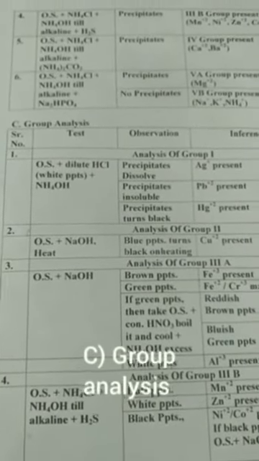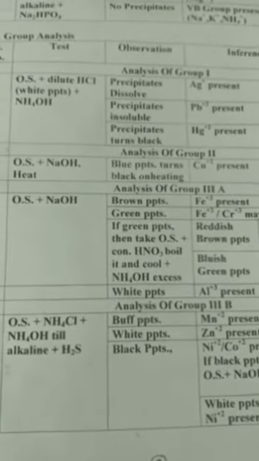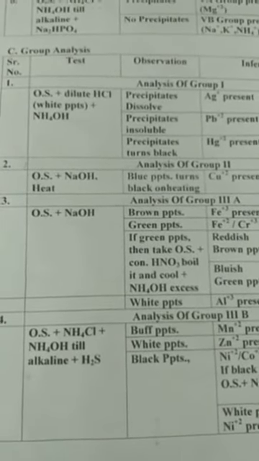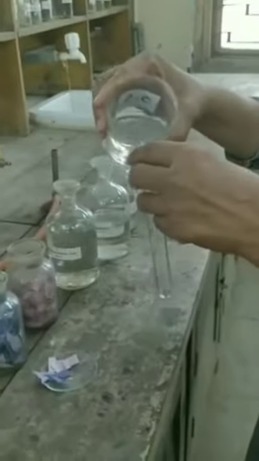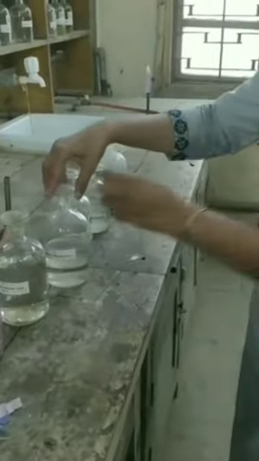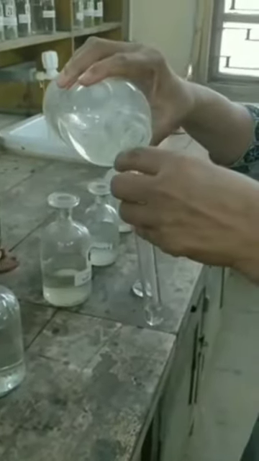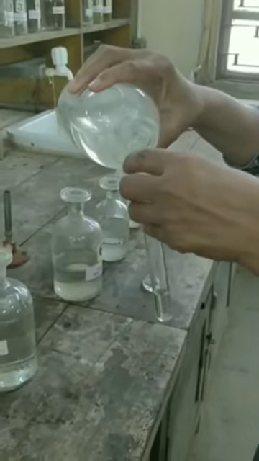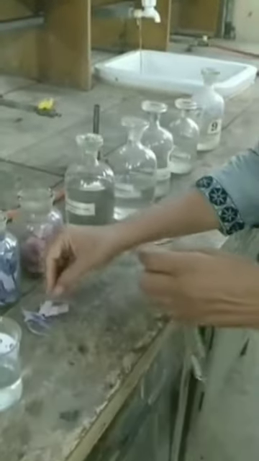C part, that is group analysis of group 3rd B. For this, first we will take the OS in a fresh test tube. Into this we will add ammonium chloride. Then we will add red litmus paper to it.